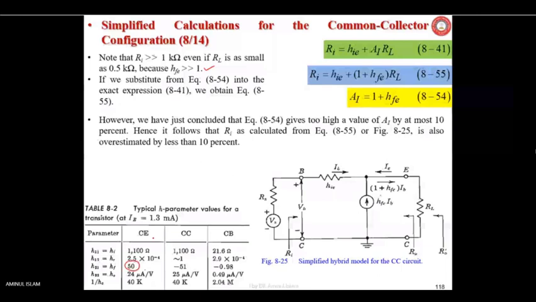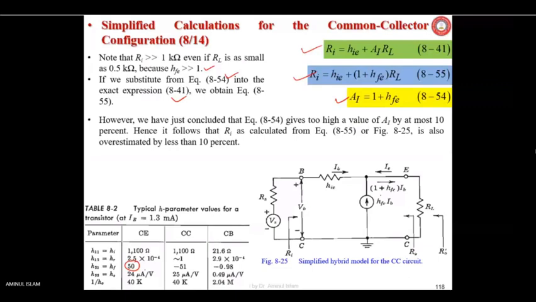So if we substitute equation 854, which we just saw in the last slide, into equation 841, we obtain this equation. However, we have just concluded that equation 854 gives too high a value of AI by at most 10%, meaning we are talking of an error of 10% only.